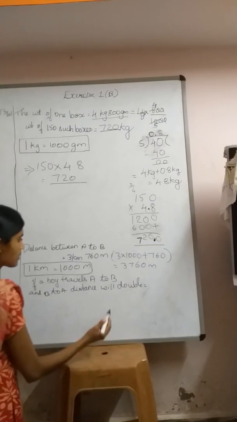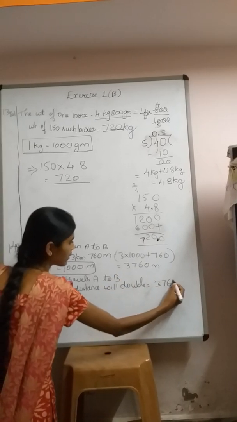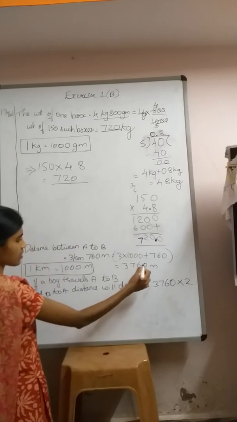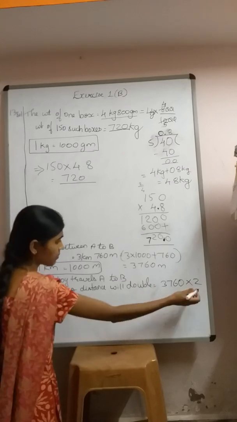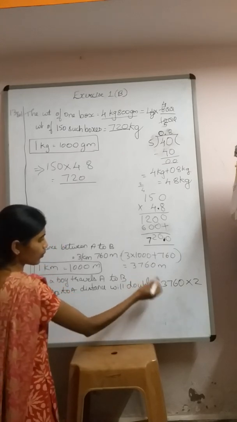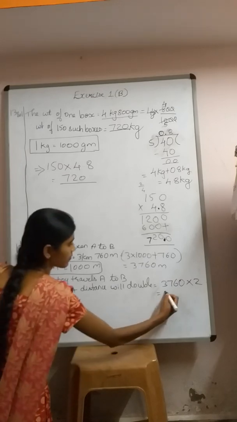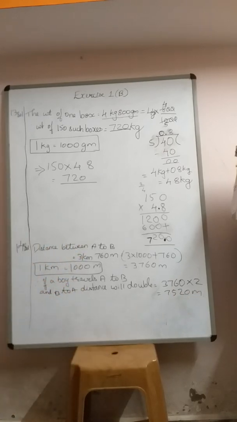If it doubles, this distance will double, means multiply it with 2, or add 3760 with 3760, otherwise add it twice. So what is the answer? 3760 into 2, what do you get? 7520 meter. Okay.